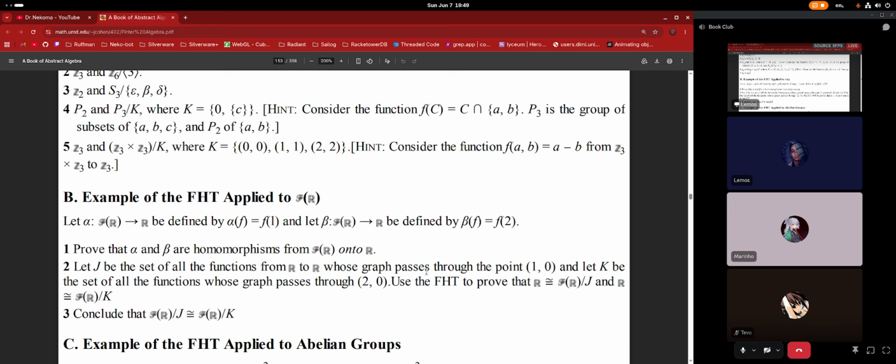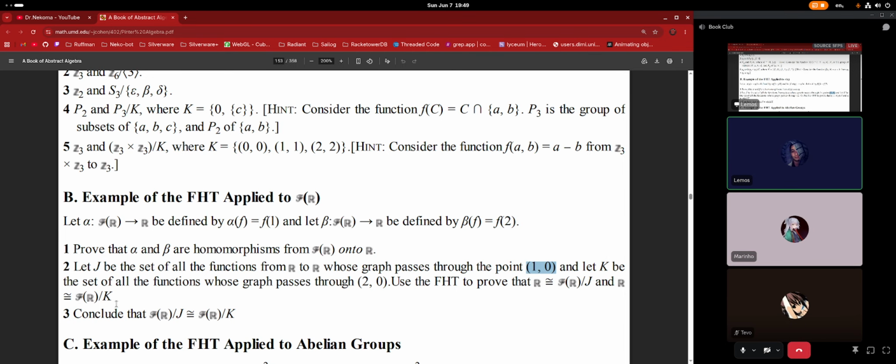Tev? I was just going to say what Marinho just said in different words. So let J be the set of all the functions from R to R whose graph passes through the point 1, 0. So this is assuming that there's a line, right? Marinho said it could be anything, which is true, but this is assuming that it's going to be a line.